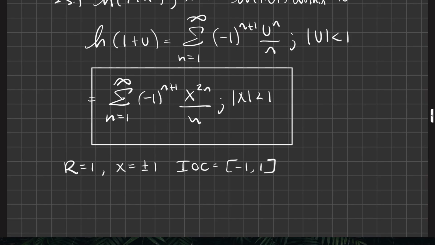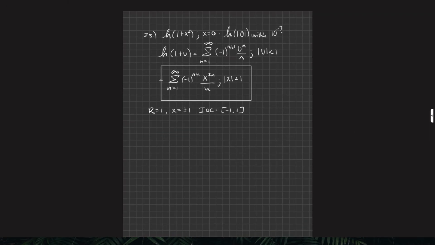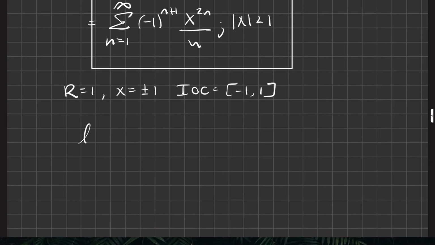Okay, now we have our setup really for this problem. Now, to estimate ln of 1.01 within 10 to the minus 7, we need to note that ln of 1.01 is equivalent to ln of 1 plus 0.1 squared.